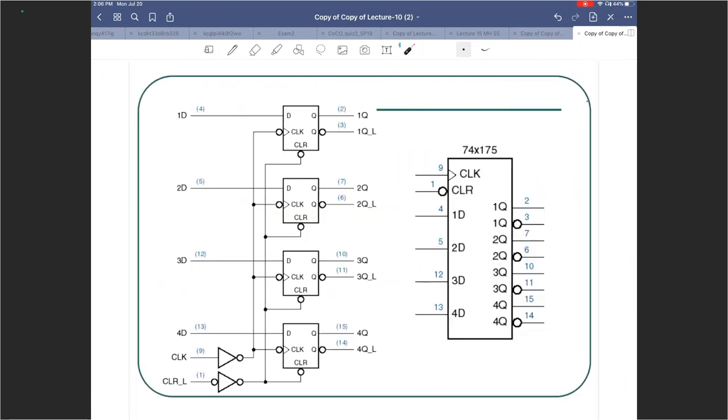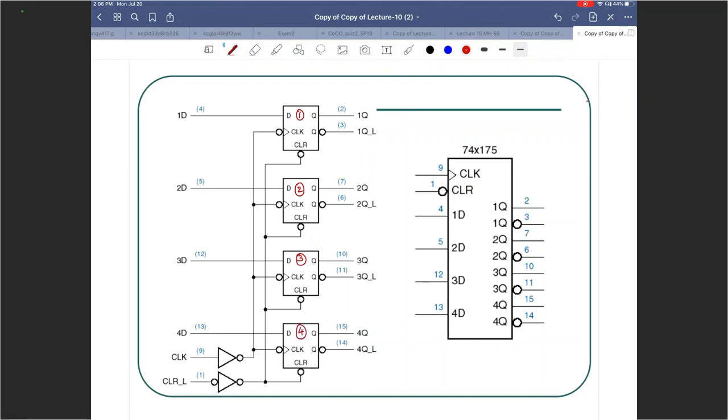Now let's take a look at the inside of the 74X175. Clearly, you need four D flip-flops. Those 4 D flip-flops are shown as 1, 2, 3, and 4.